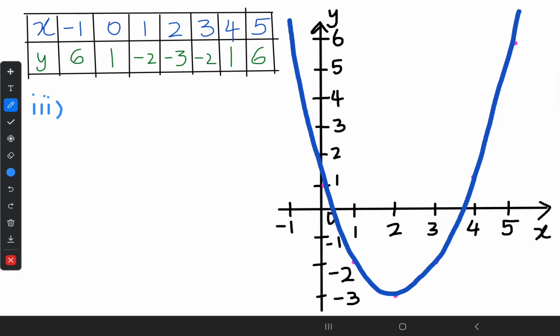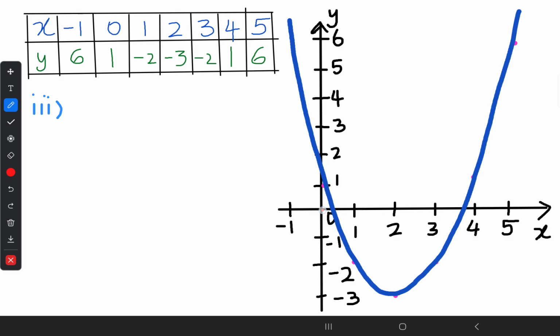Describe the behavior of y as x increases from 0 to 2. When x is increasing from 0 to 2, what is the behavior of this graph? This is the thing we have to describe in words.